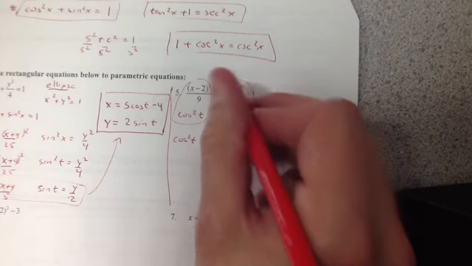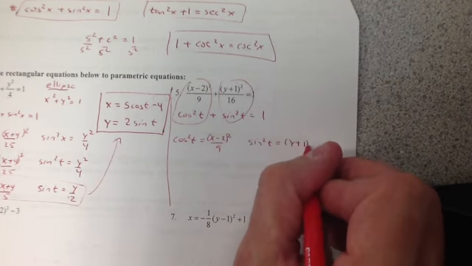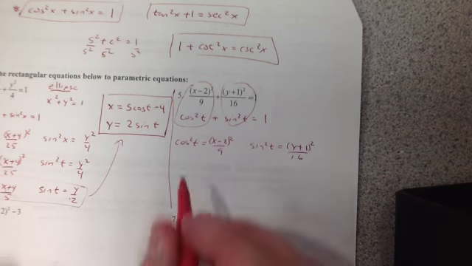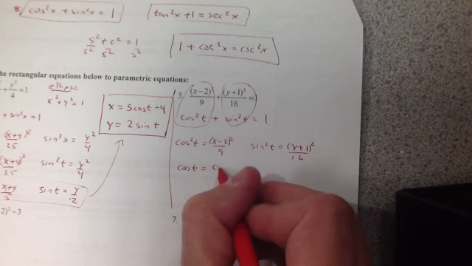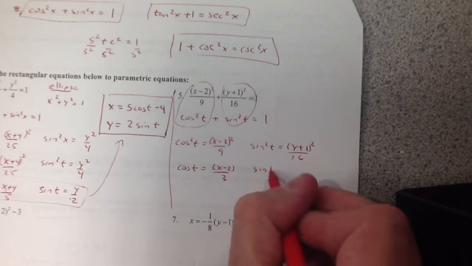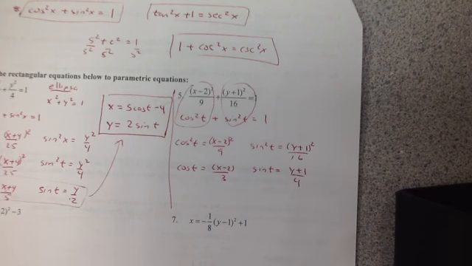Sine, these two match up. Squared of t equals y plus 1 squared over 16. And I take the square root. Cosine t equals x minus 2 over 3. Sine of t equals y plus 1 over 4. You don't need the parentheses.